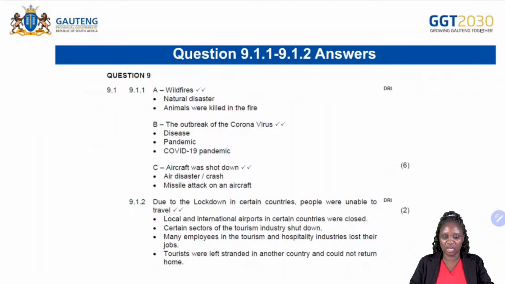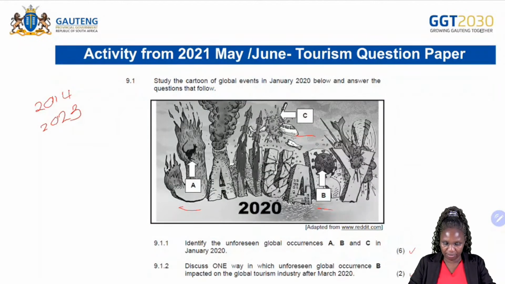Okay, let's check for 9.1.1. Identify the unforeseen global occurrence in A, B, and C. All right, let's look at A. What do you think A is? These are wildfires. All right, and then what about B?